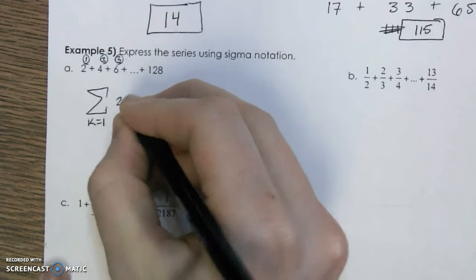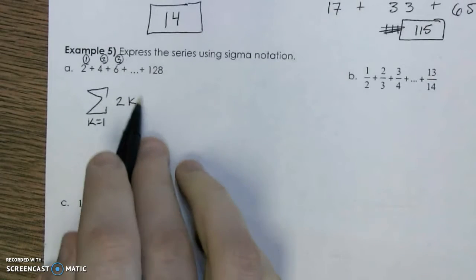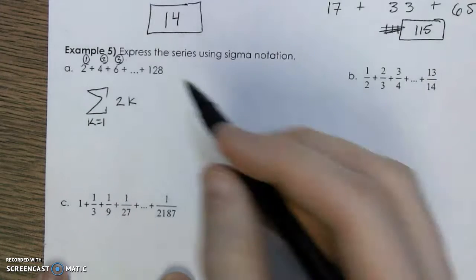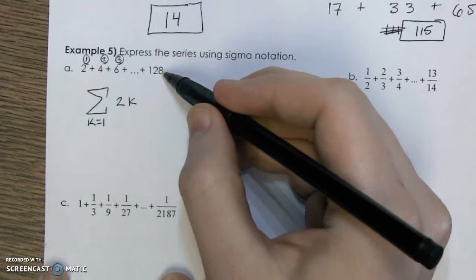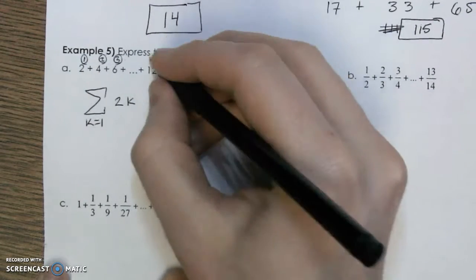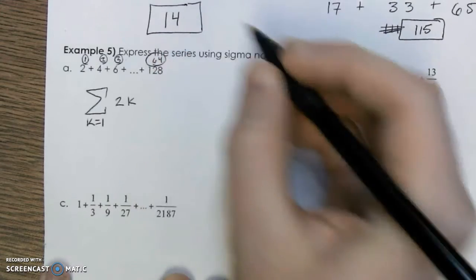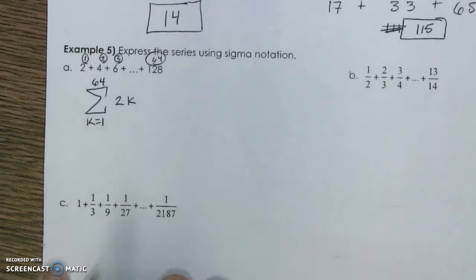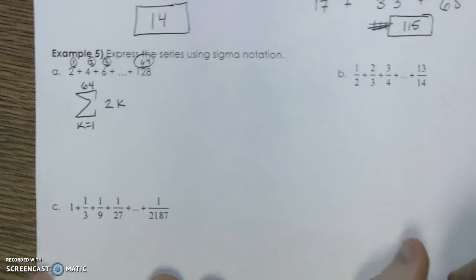So my rule is 2k. The rule is what goes off to the side. And if my rule is 2k, then what is my k value making 128? So that'd be 64. 2 times 64 is 128. So my ending number is 64 on the sigma notation, and that's what they want you to write.